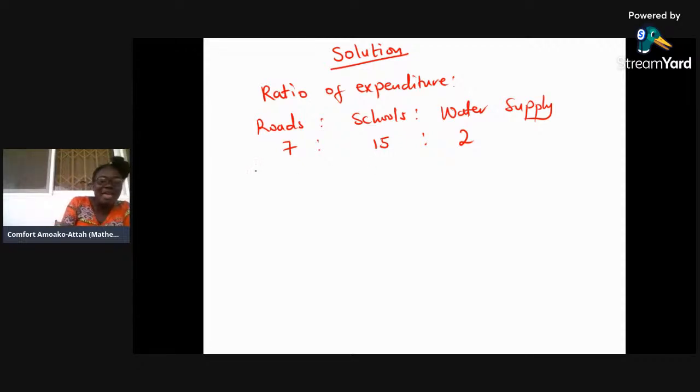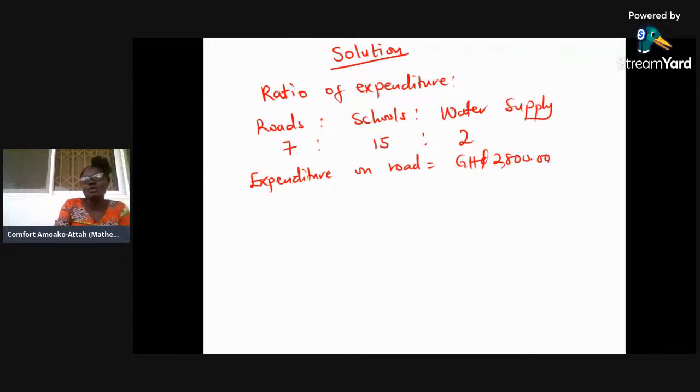Then we have the expenditure on roads. That is in the question. Expenditure on roads to be 2,800 Ghana cedis. When you are dealing with currencies, please bring the 0.00.